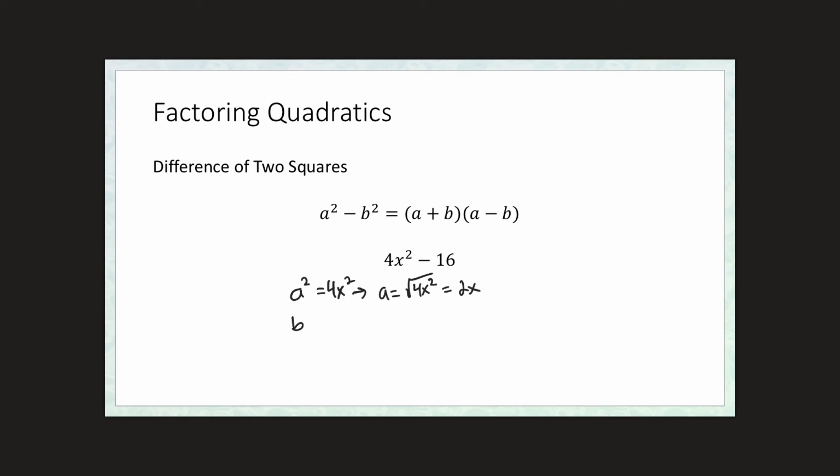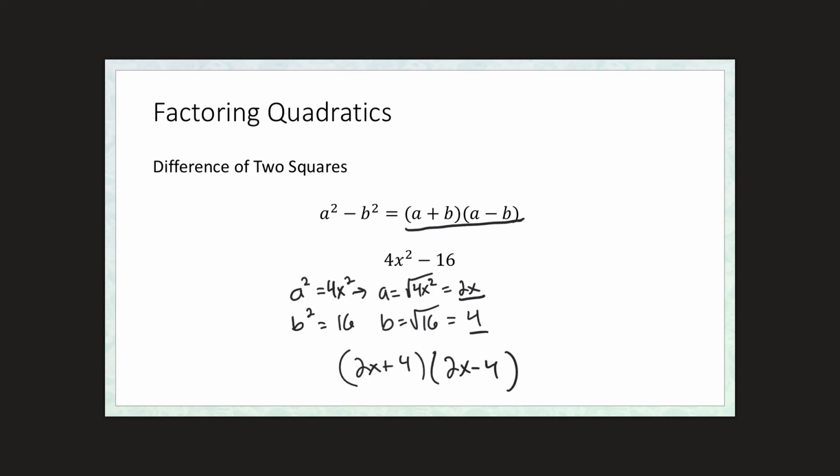And my b squared will be 16. And so b equals the square root of 16, and that is 4. So now that I know what a is, 2x, and b is 4, I can fill out this equation up here, 2x plus 4 and 2x minus 4. And that is what 4x squared minus 16 factors into.